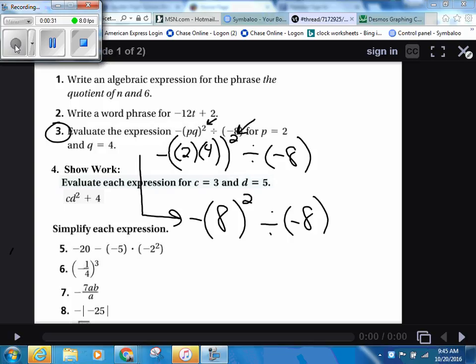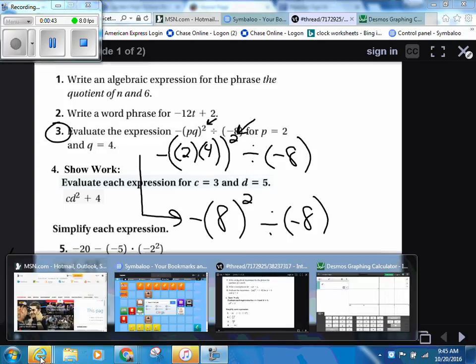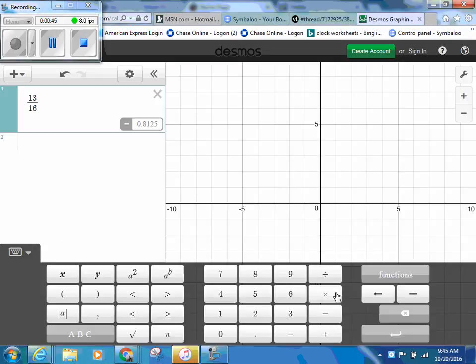So for number 3, after we substitute our numbers into our equation, now we have to take -8 squared. So go to your calculator, which again is over here, and put that in your calculator, which is negative parentheses 8.